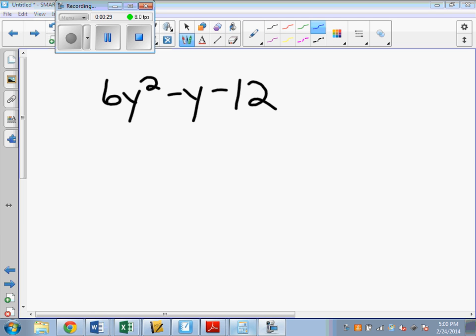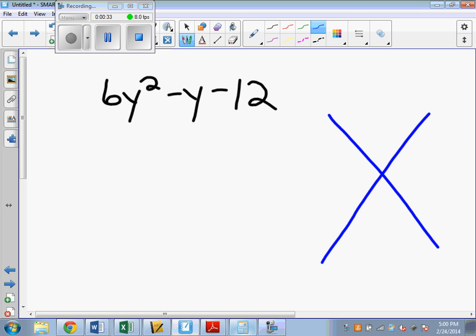We want to start first by making our x factor. On the top, this is where we're going to put a times c, and on the bottom is where we're going to put our b. If you're not sure what I mean by a, b, and c, remember that the standard form for a quadratic expression is ax squared plus bx plus c.